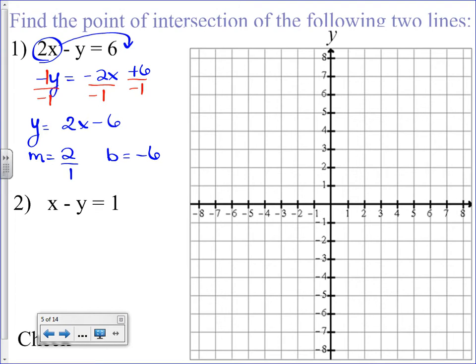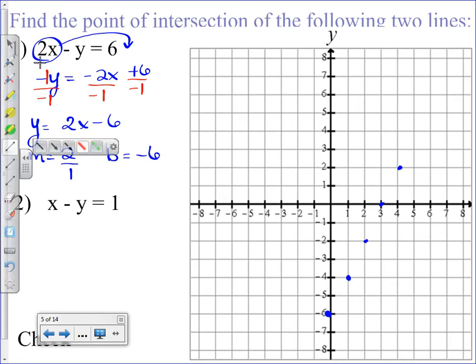Paul, how do I graph this? Other way around. So I go up 2 over 1. Up 2 over 1. And I'm going to draw my line.